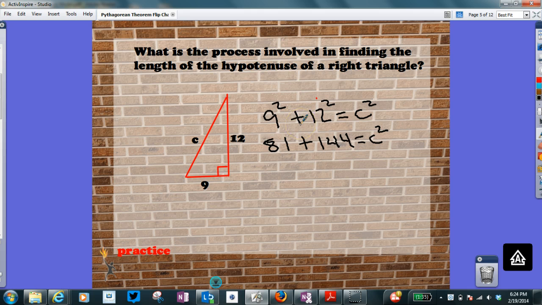When I add 81 plus 144, I'm going to come up with 225, which equals C squared. Take the square root of 225, and when I do that, I'm going to get 15. So in this case, the missing length there is 15.